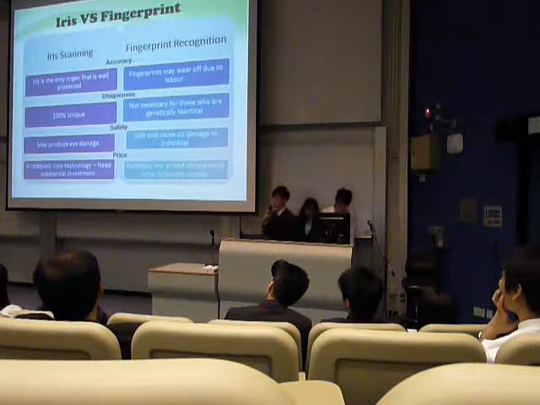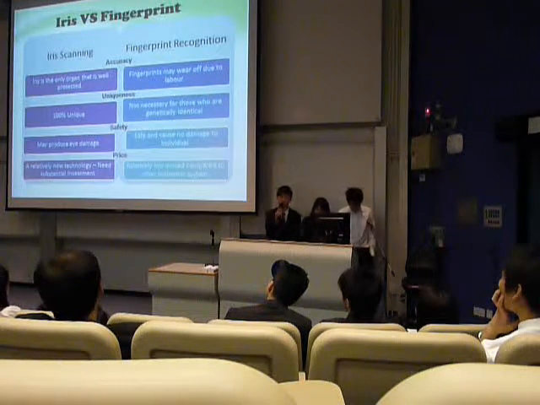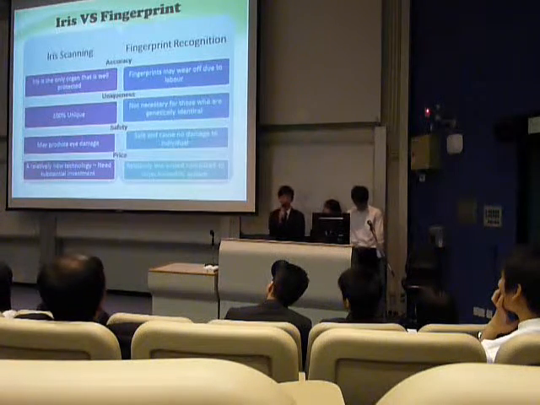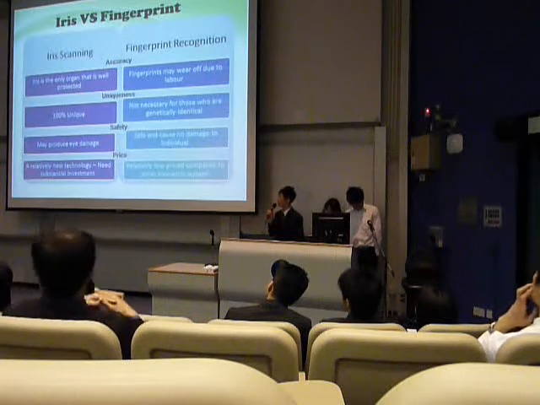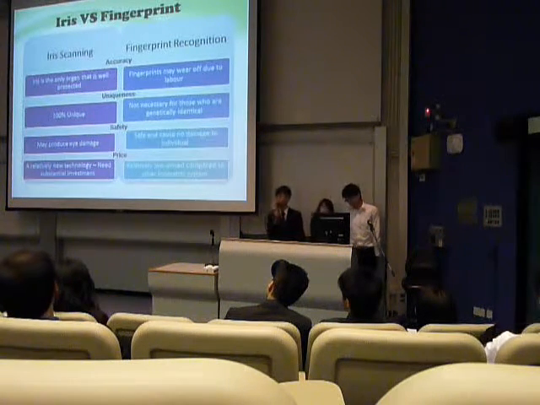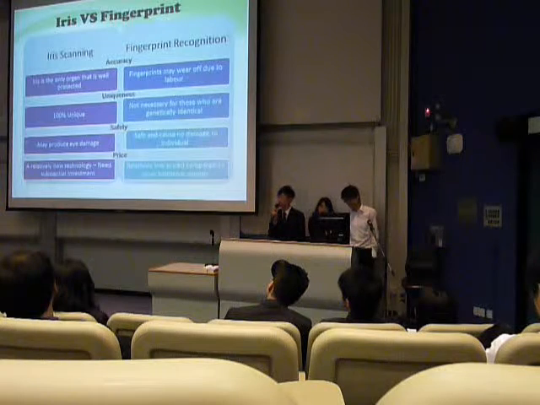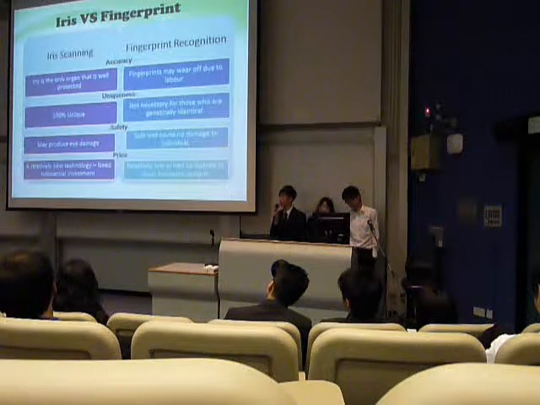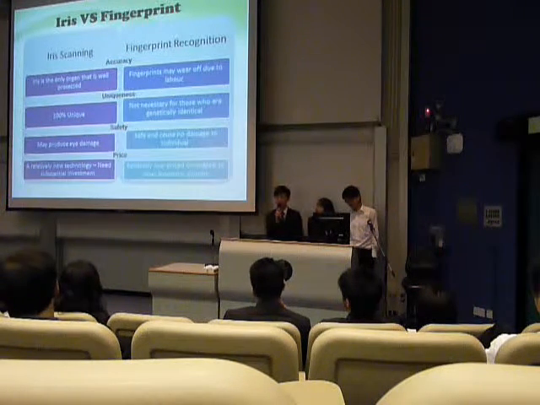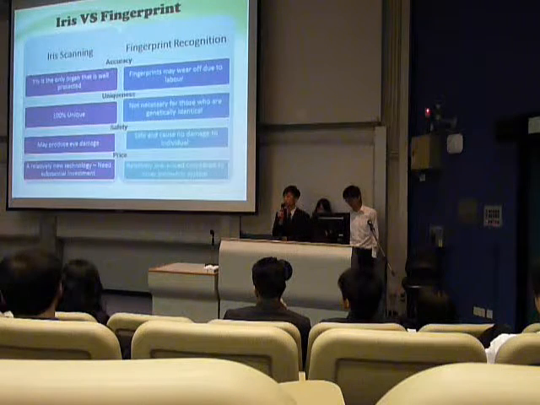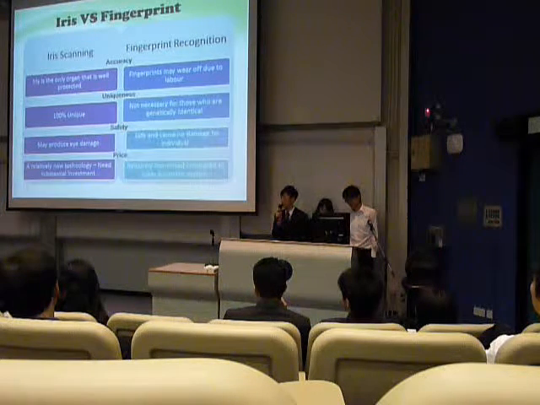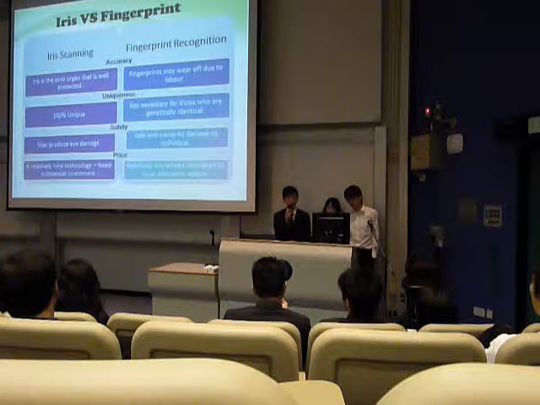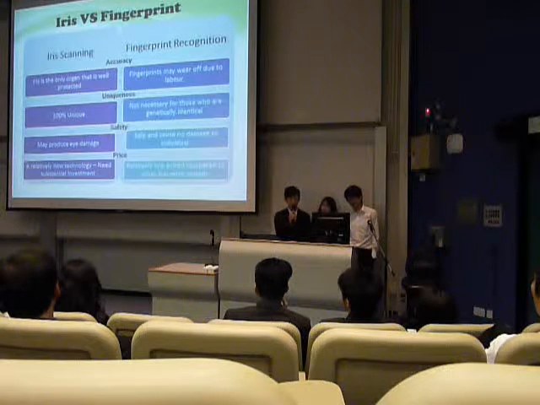Thanks, Cynthia. Now you have heard those features about iris scanning and also the fingerprint recognition. So we'll do a comparison between them on 4 aspects, which are the accuracy, uniqueness, the safety, and the price. So for accuracy, iris is definitely more accurate than fingerprint because iris is the only organ that is well protected.